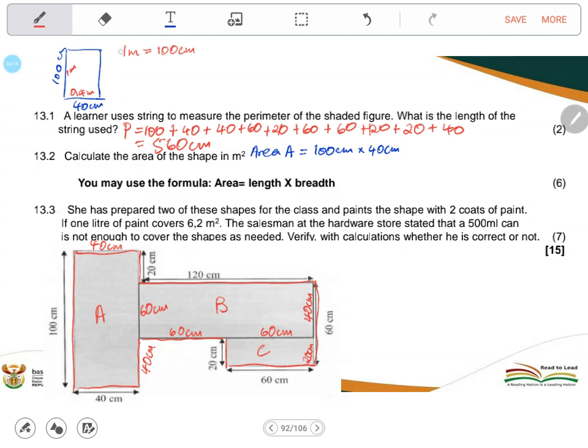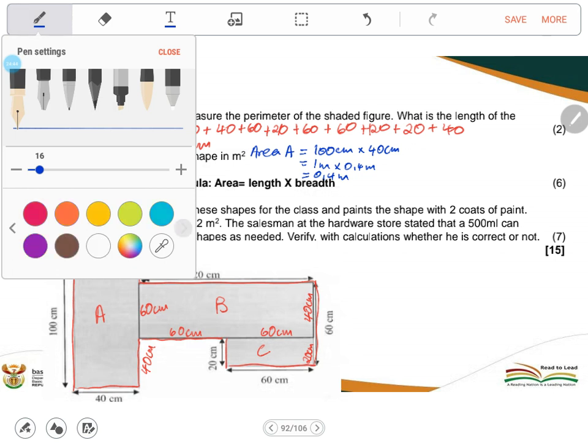So in our calculation, instead of 100 centimeters, we'll have 1 meter multiplied by 0.4 meters. This will basically give us 0.4 meters.